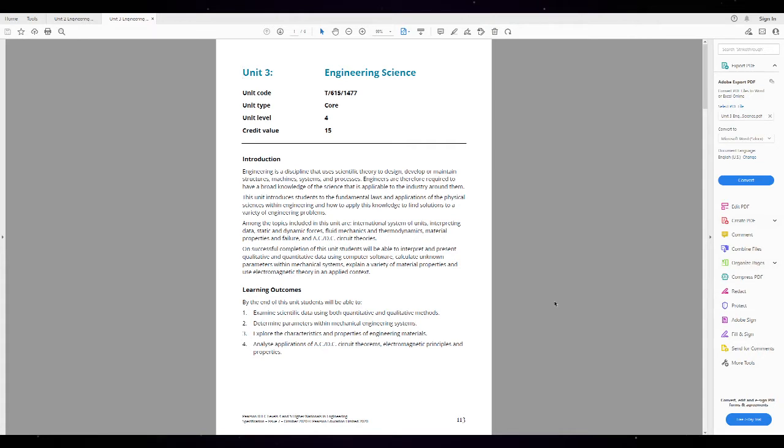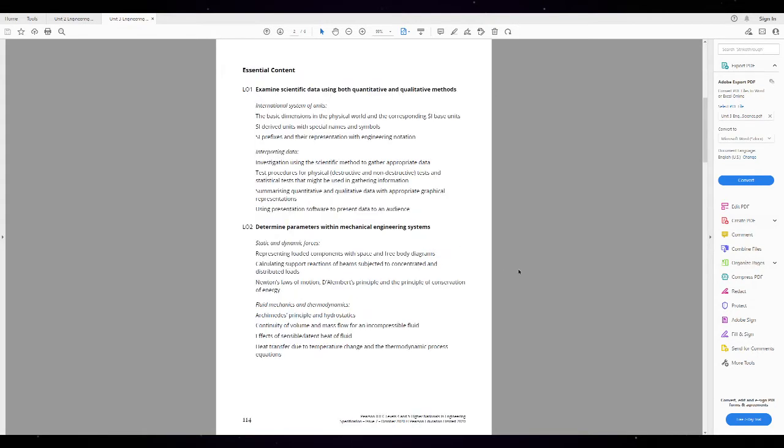Engineering science ties mechanical and electrical together, a little bit of materials, and almost the dimensional analysis we were looking at in maths, with quantitative and qualitative analysis of scientific data.